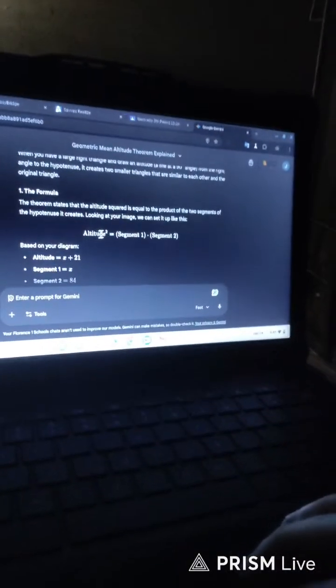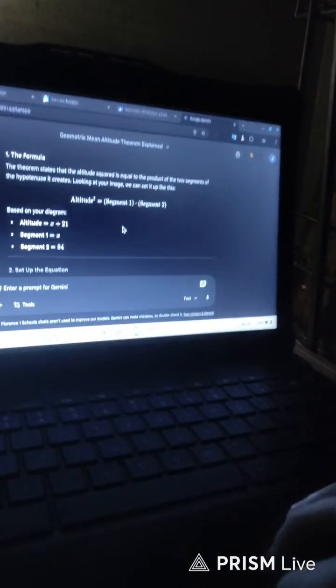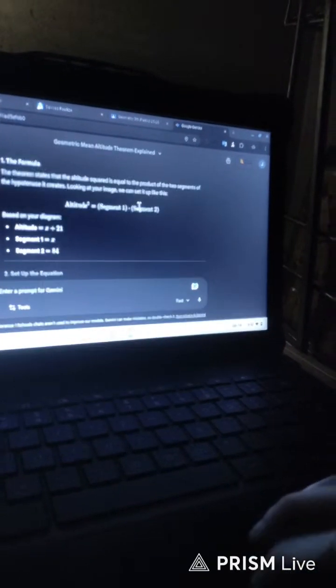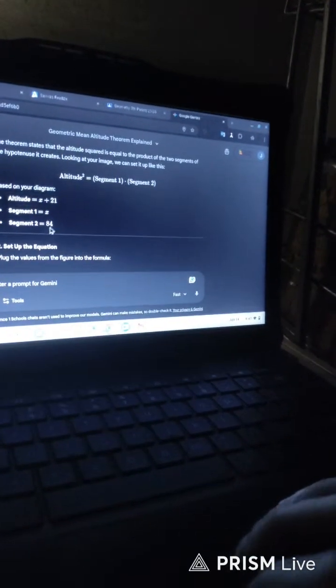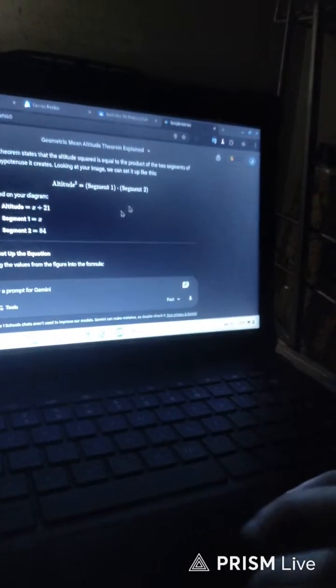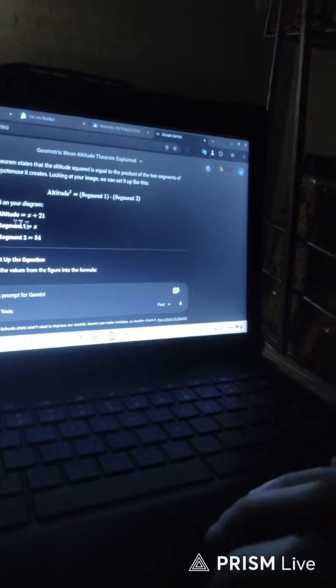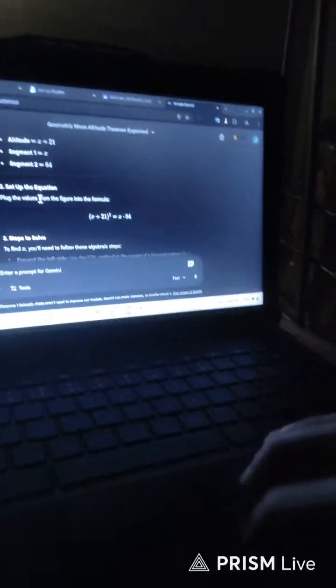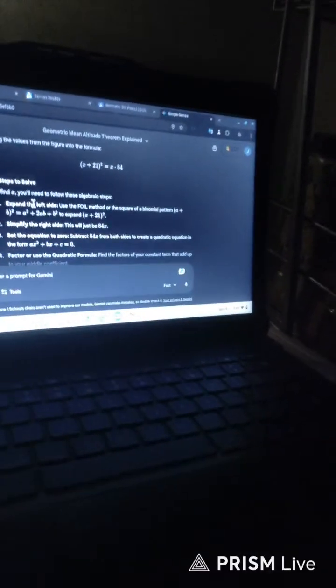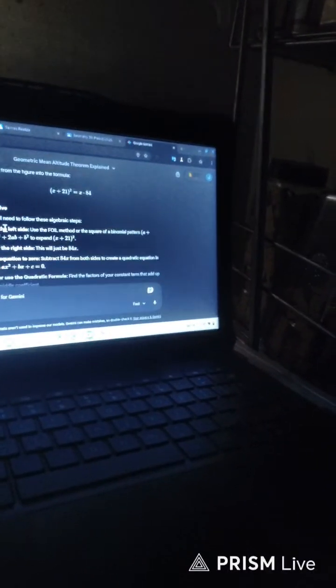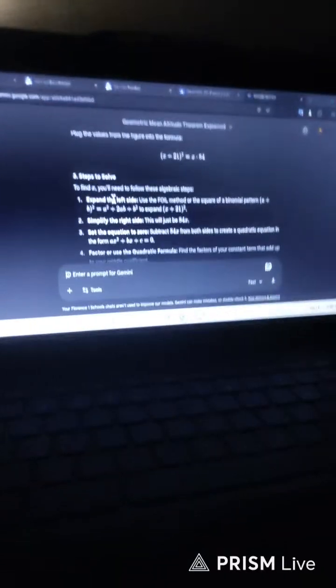So altitude squared equals segment 1 times segment 2. Oh, so this time it's just segment 1 times segment 2, so it's 84x equals x plus 21 squared. A plus b squared equals a squared plus 2ab plus b squared.